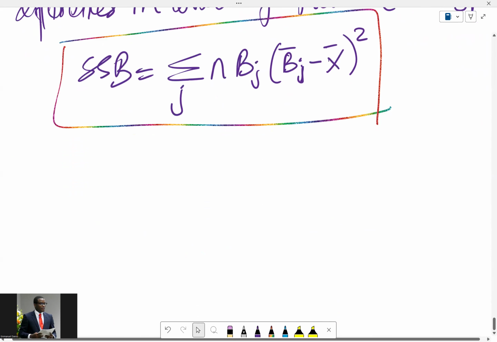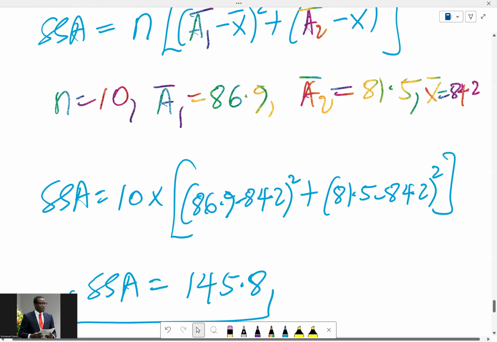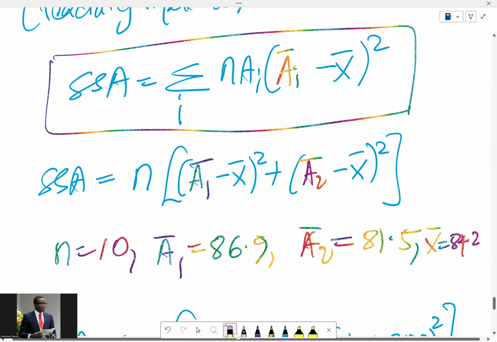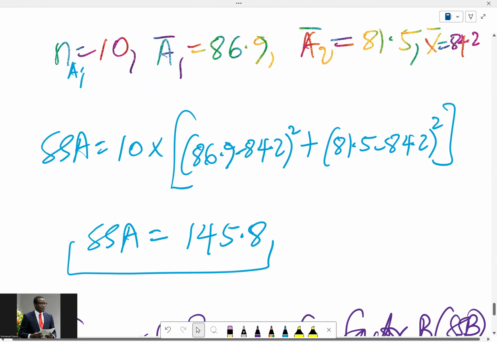For implementation, SSB is n_Bj, the number of observations for factor B, times (B_j bar minus X bar) squared. n_Ai and n_Bj don't have to be the same.